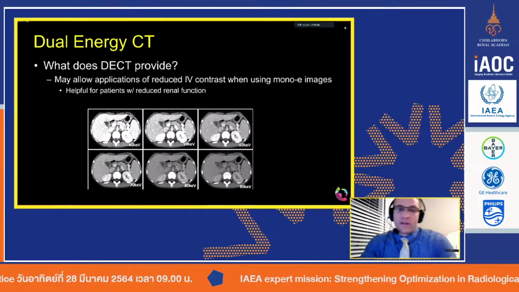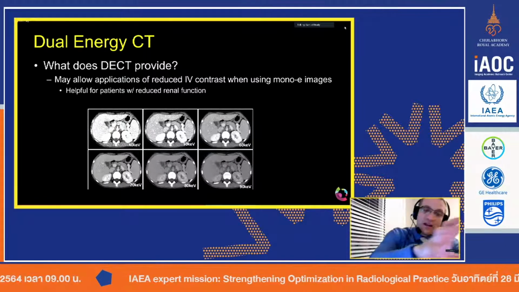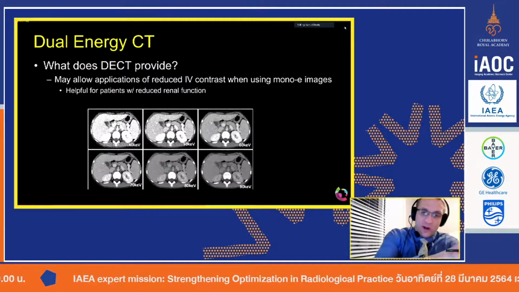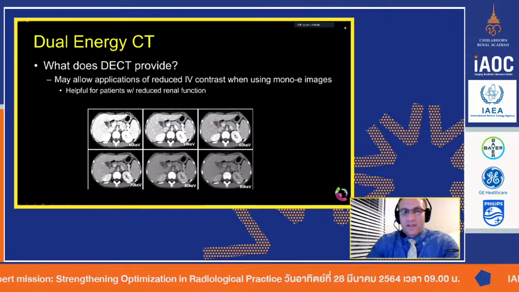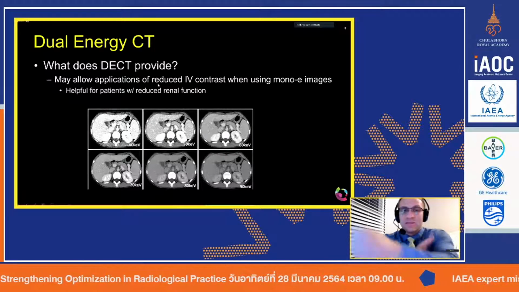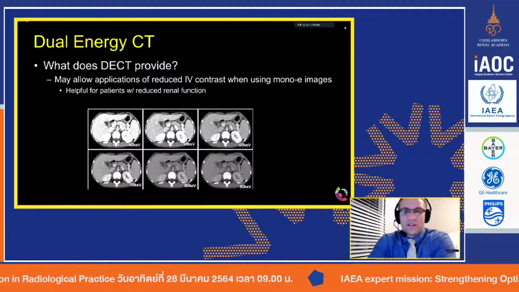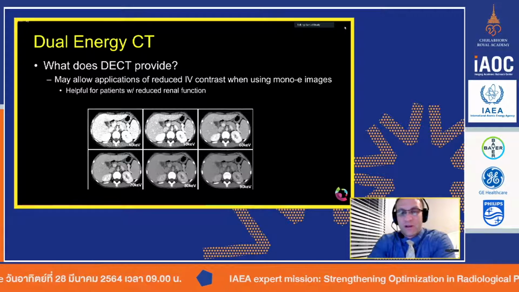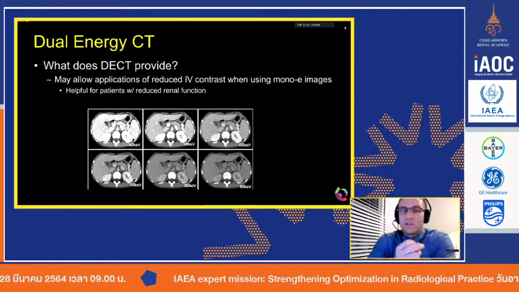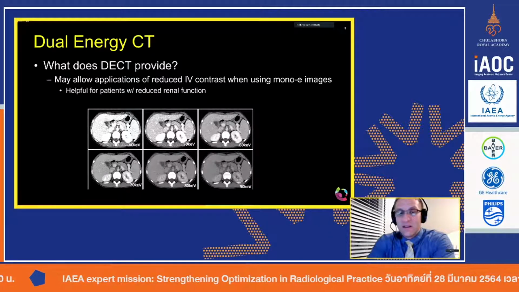Now, with this ability to physically look at an image and make it look more contrasty and less contrasty, one of the other benefits is we do not need as much IV contrast when we do dual energy CT. So for someone that might have renal functional impairment, but you still want to do an iodine contrast enhanced CT, well, that's fine.